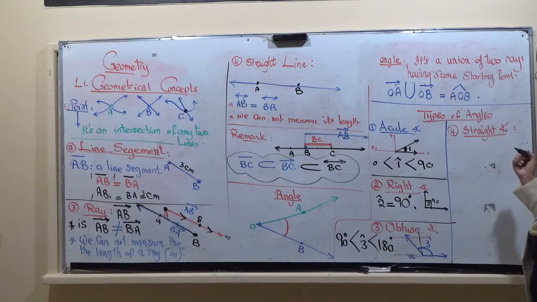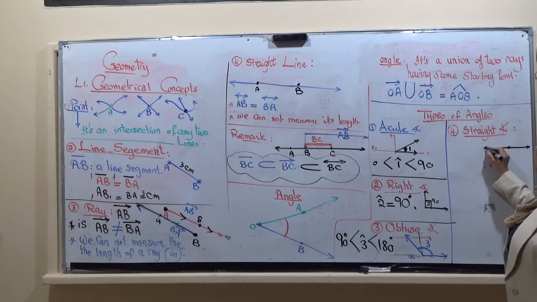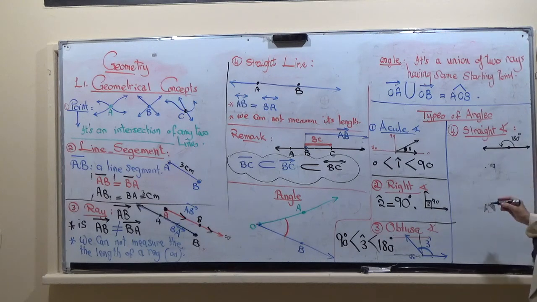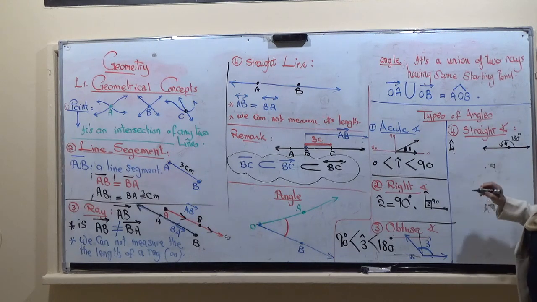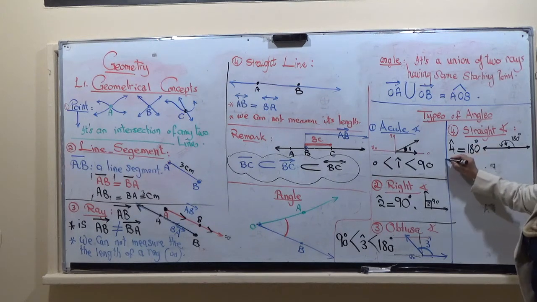Straight angle means the first side is here, the second side is here. So this is the angle. It is 180 degrees. So the measure of angle 4 is exactly equal to 180 degrees.